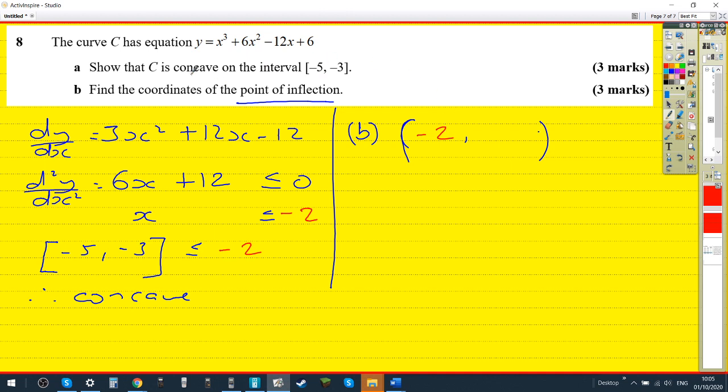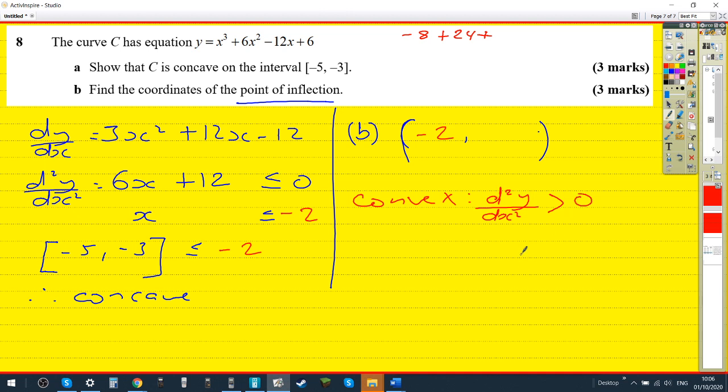What if they had said convex? I don't know, triple differentiation, I'm not sure. Convex. d squared y by dx squared is greater than 0.